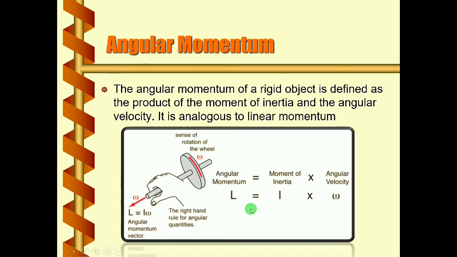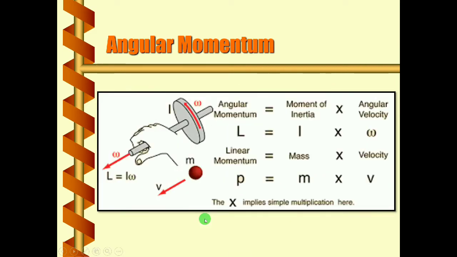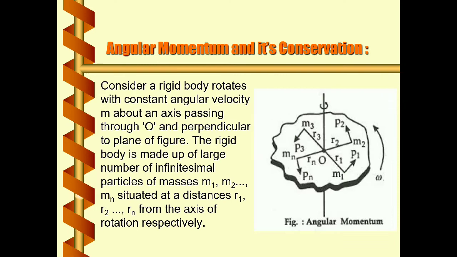If the question is asked, derive an expression for angular momentum of a rotating body, you will derive this formula, L equal to I omega. Seeing this expression, if you define angular momentum, it is the product of moment of inertia and angular velocity, and it is analogous to linear momentum.